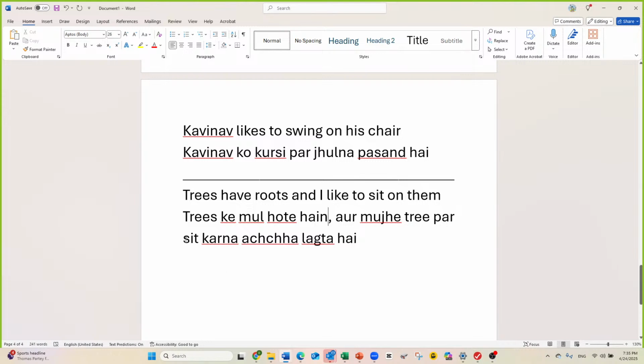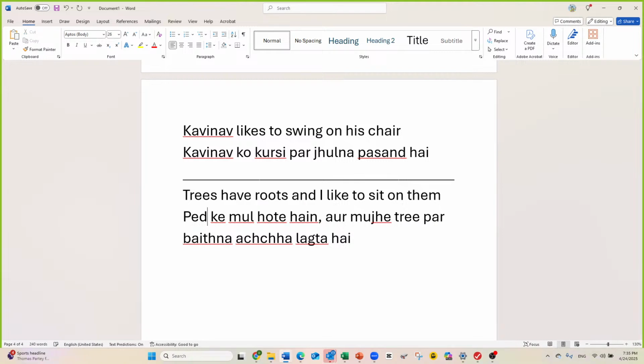So now the Hindi word for sitting is बैठना. So we'll say बैठना. The Hindi word for tree is पेड़. So we'll replace tree with पेड़.